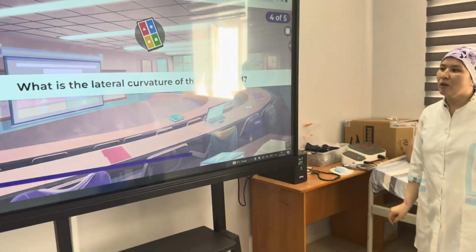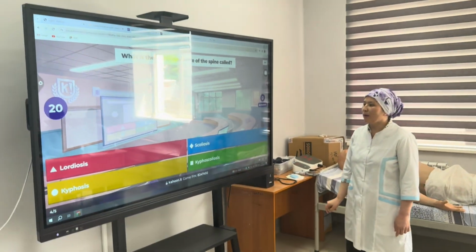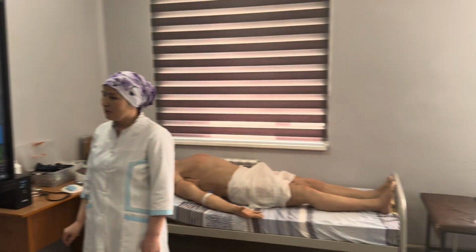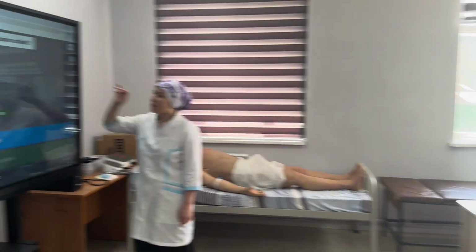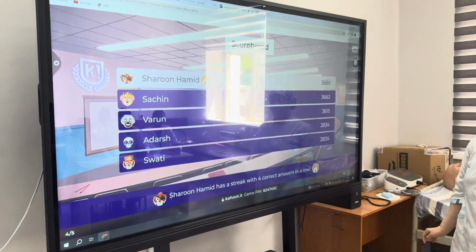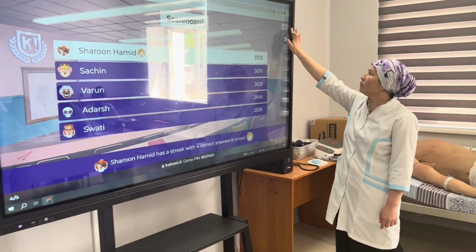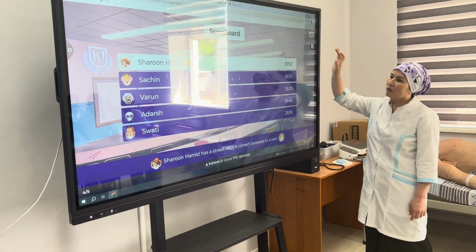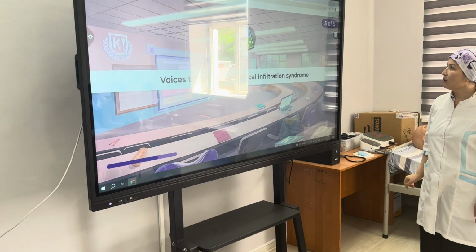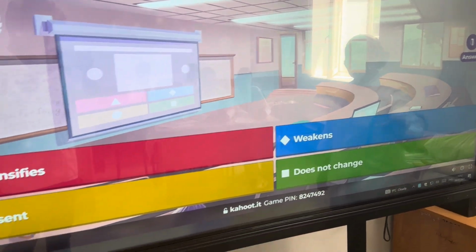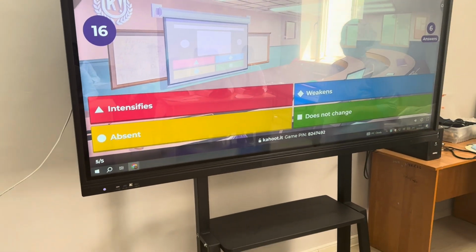Next question. What is the lateral curvature of the spine called? Scoliosis. Scoliosis. Okay, good. The last question. Voice tremors in large focal integration syndrome.